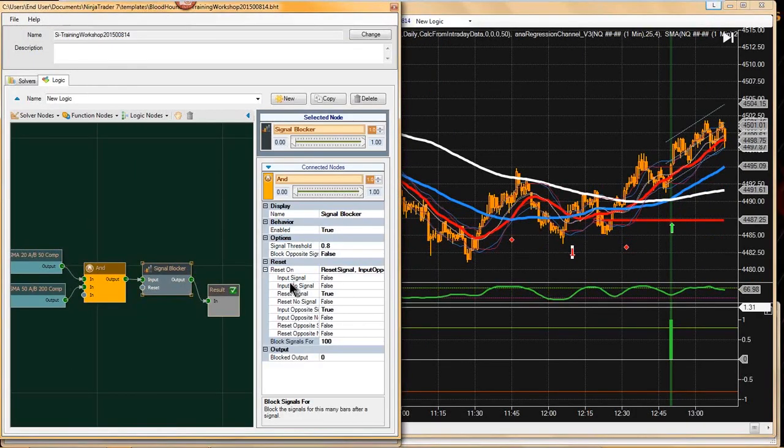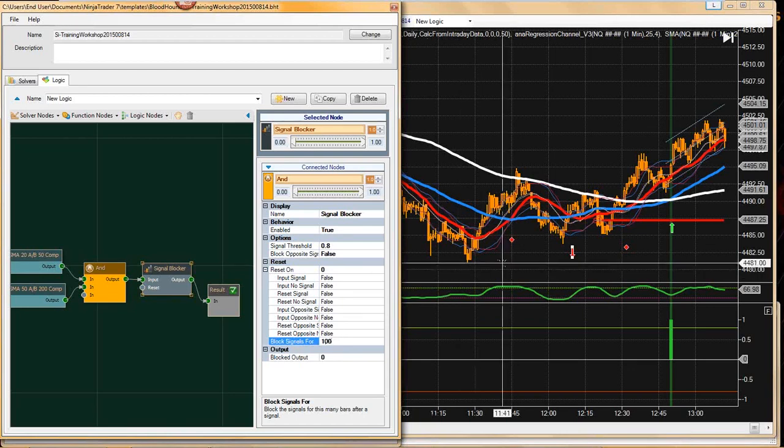So there's all different kinds of ways that you can reset the signal blocker, right? So right now, if I turn this all off, okay, everything's set to false. So right now the signal blocker is just blocking for 100 bars, and then it's waiting for the next one to come along.